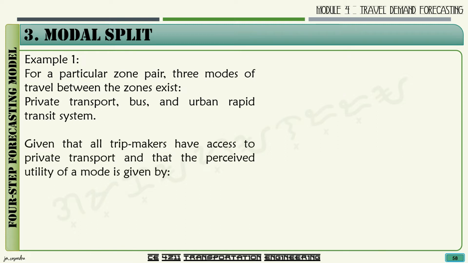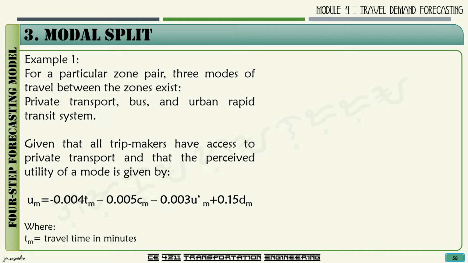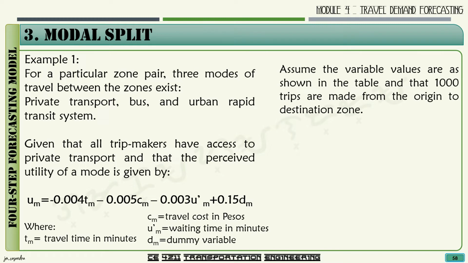Given that all the trip makers have access to private transport and that the perceived utility of a mode is given by the equation U sub m is equal to negative 0.004 T sub m minus 0.005 C sub m minus 0.003 U prime sub m plus 0.15 D sub m, wherein T sub m is our travel time in minutes, C sub m is the travel cost in pesos, U prime sub m is the waiting time in minutes, and D sub m is a dummy variable.